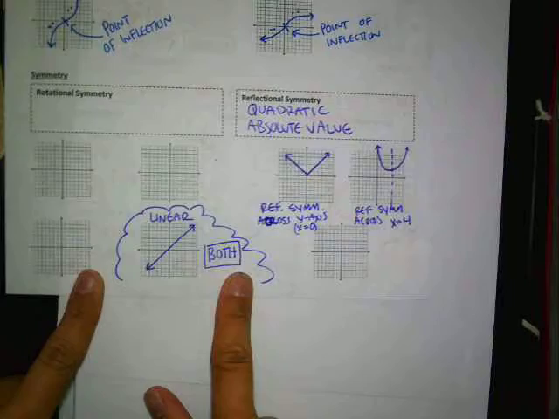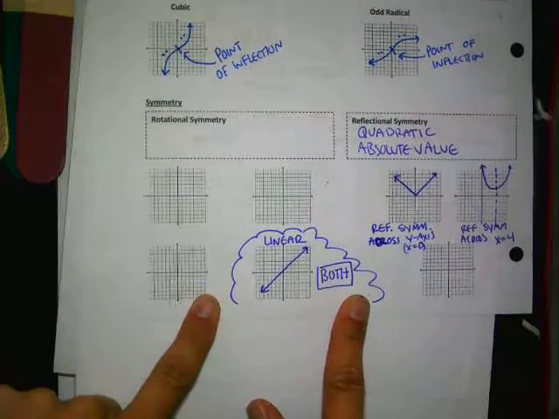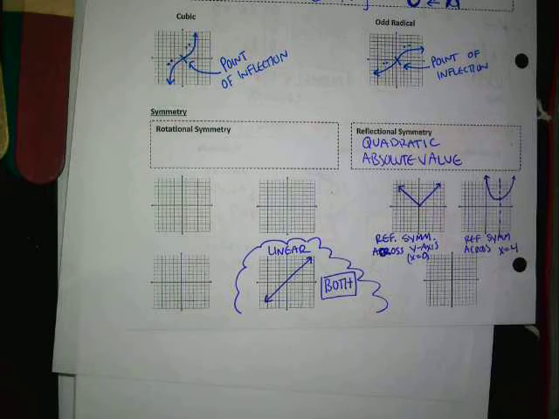Let's talk about rotational symmetry now. Let's talk about rotational. Just an extra, but in case you didn't get it, but I think you got it. You got it right? We're good? Okay. All right, rotational symmetry. I got 3 functions that have rotational symmetry. Cubic, very good.